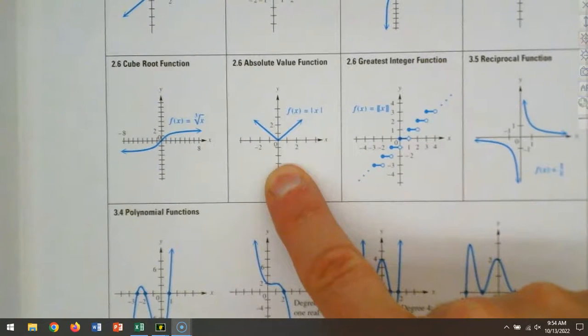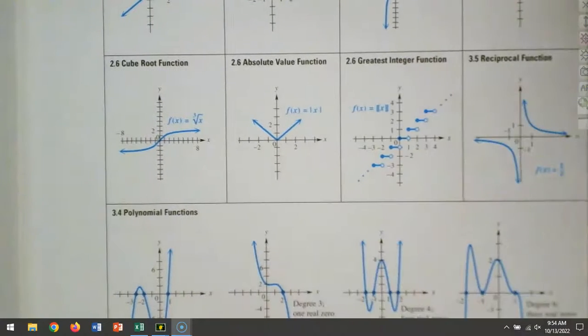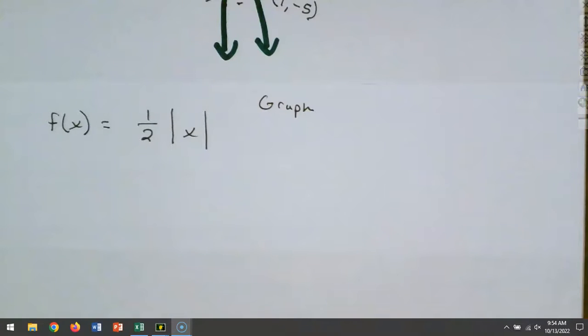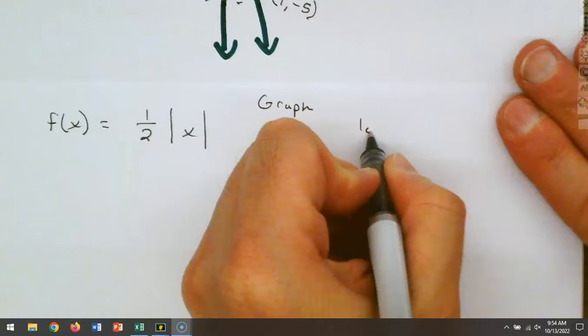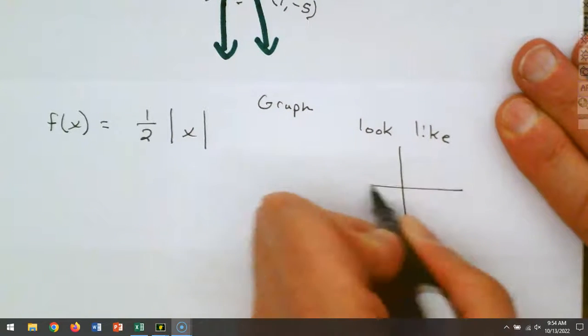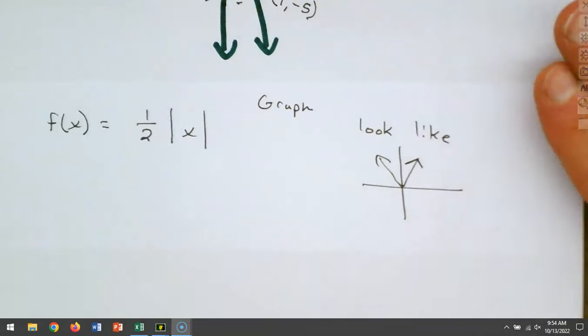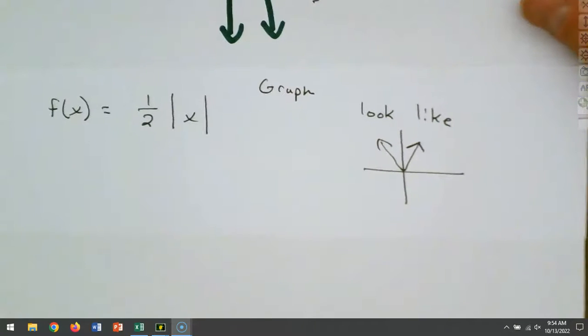So what we always do is we look at the operation, we identify what the graph should look like in a way. So it's going to look like a V. Now it might be upside down.